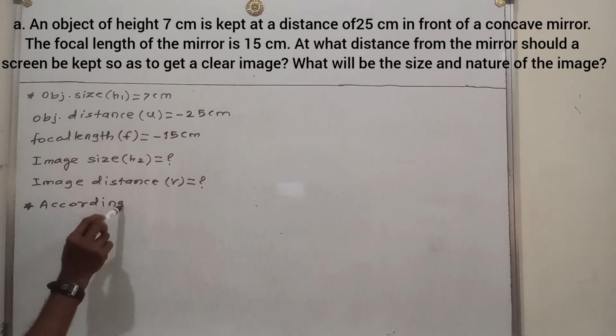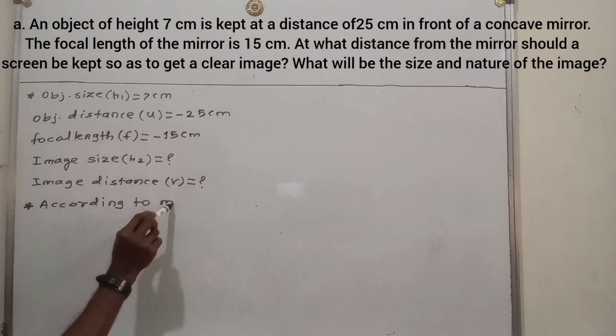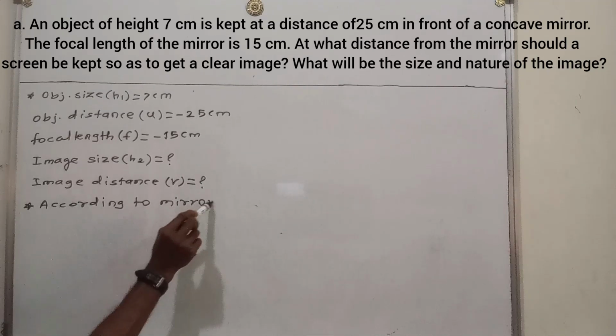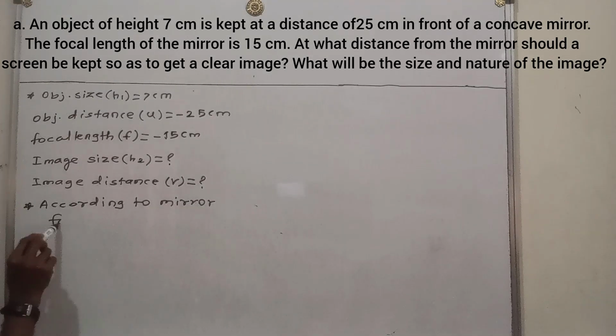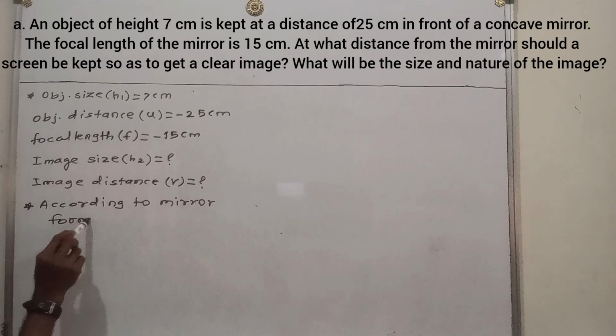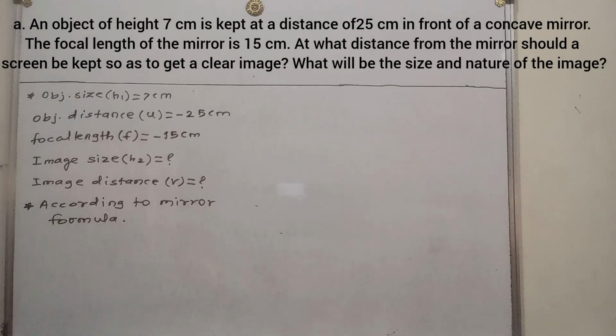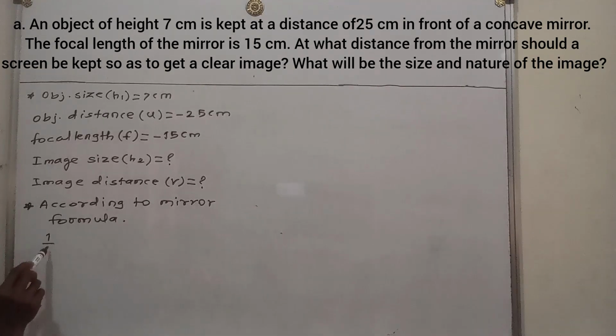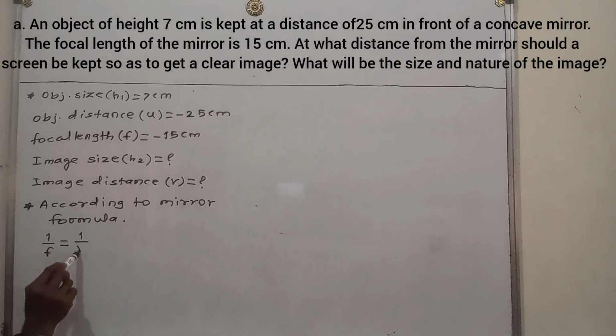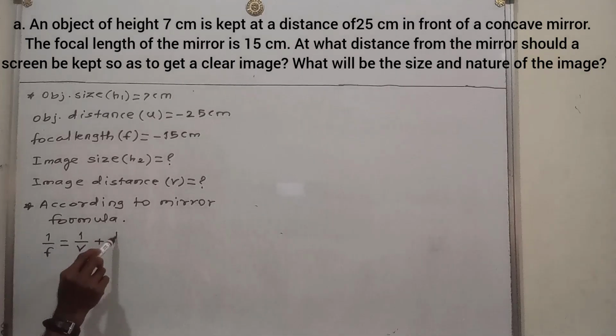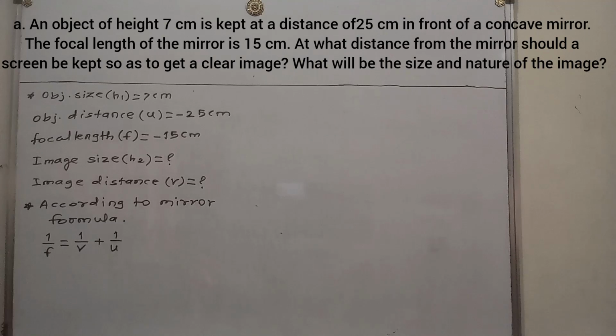According to mirror formula, what is the mirror formula? 1 upon f is equal to 1 upon v plus 1 upon u. Did you get it? Then we put values.